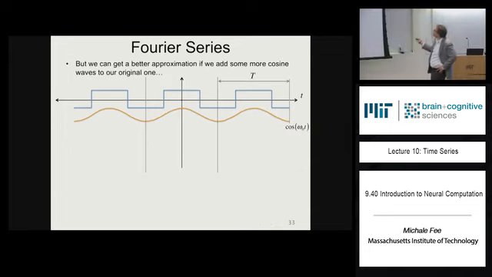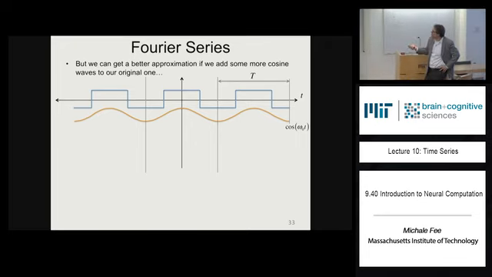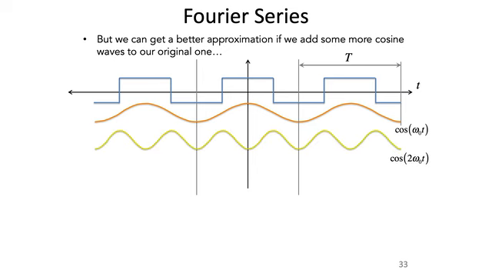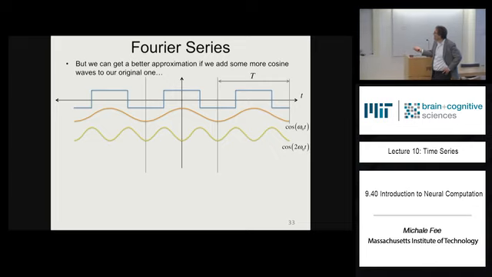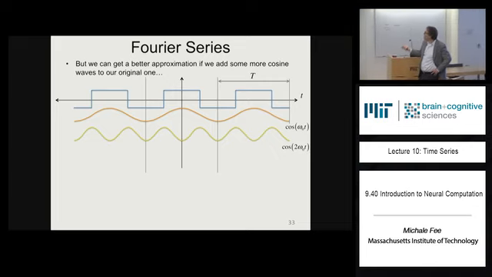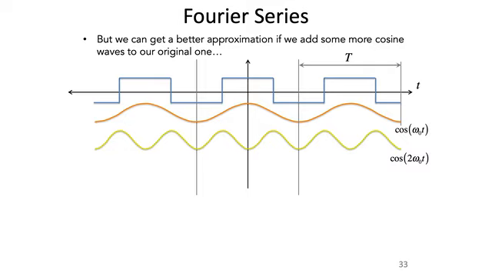All right, so if we want to make a better approximation, we can add more sine waves or cosine waves. And it turns out that we can approximate any periodic signal by adding more cosine waves that are multiples of this frequency omega naught. Okay, why is that?